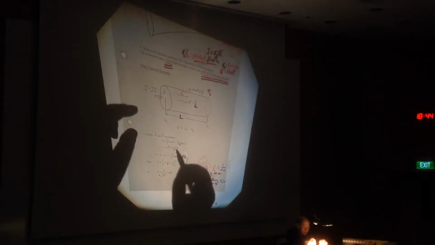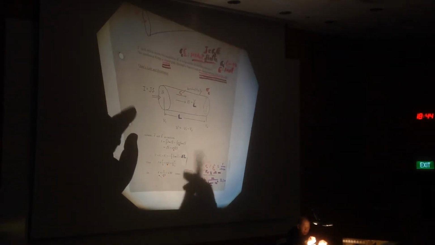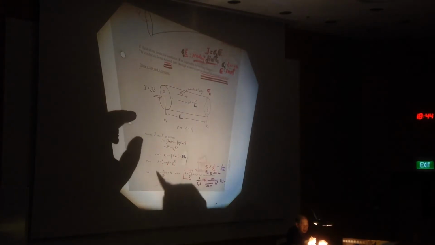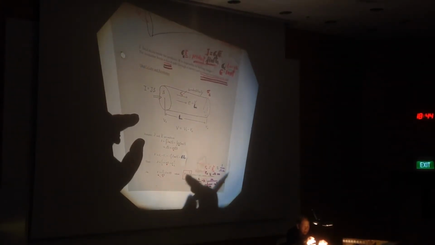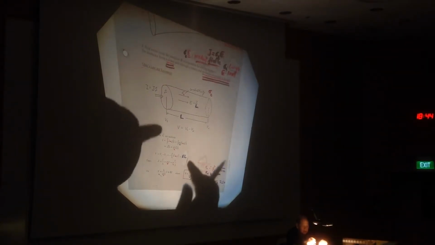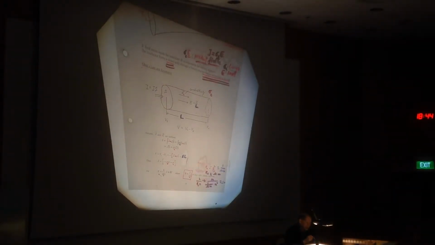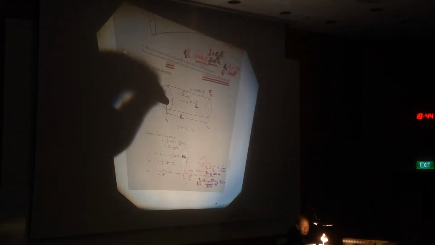J is sigma C times E, you know that. The potential of course is big, we know already. V12 is V1 minus V2, minus the integral from 2 to 1. So therefore E times L, because 0 minus minus L is equal to L. So the potential here is higher than here.